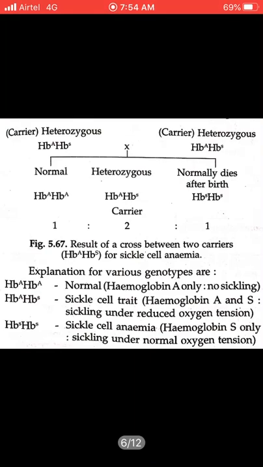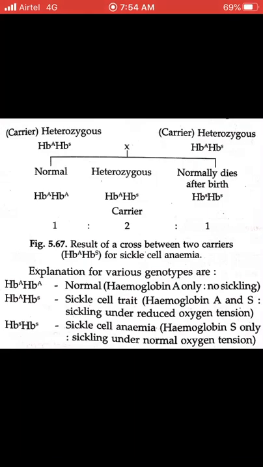Now this is the condition: normal, and there is a carrier, hemoglobin is a carrier for it. For the symptoms of sickle cell anemia, the carriers are given at the top.